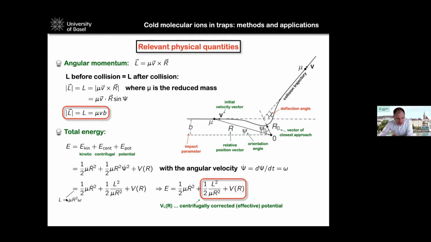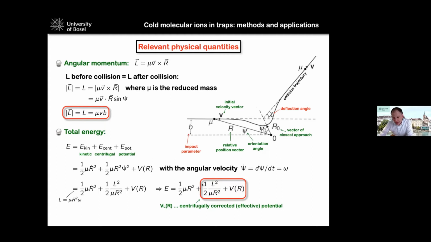So we can now use this result, namely that the angular momentum can be expressed as mu r squared times omega. And so we can insert this into the centrifugal energy and arrive at the result that the centrifugal energy can be cast into 1/2 L squared over mu r squared. So in other words, the centrifugal energy is not surprisingly a function of the collisional angular momentum.